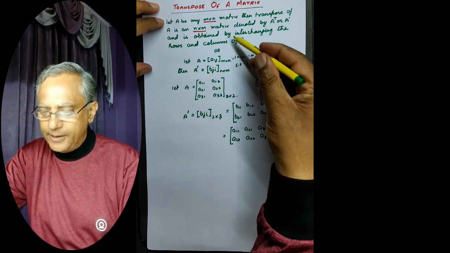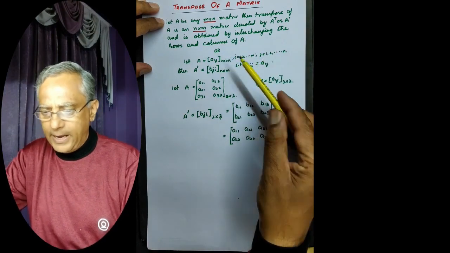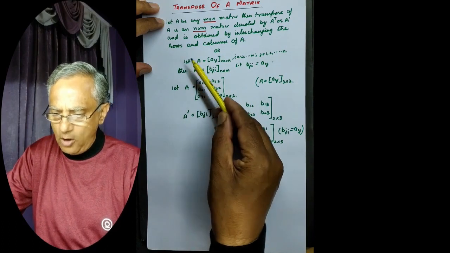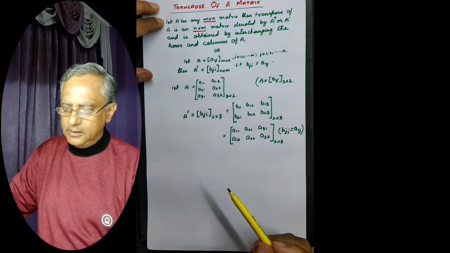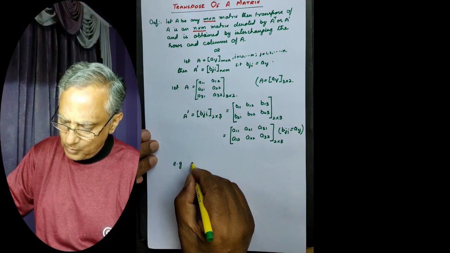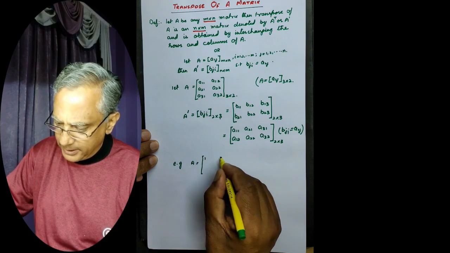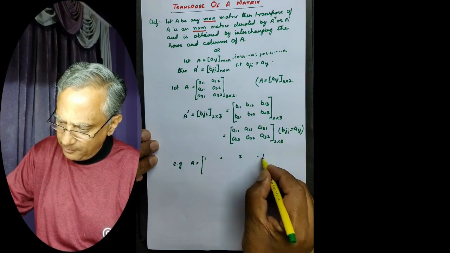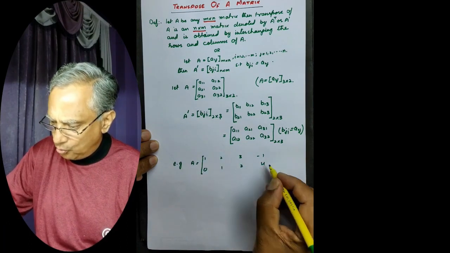So these two definitions are equivalent. In mathematical form, we can define the transpose in this form, and for understanding, we can define it in this form. Another example, for example, A is equal to, say, 1, 2, 3, minus 1, 0, 1, 2, 4.